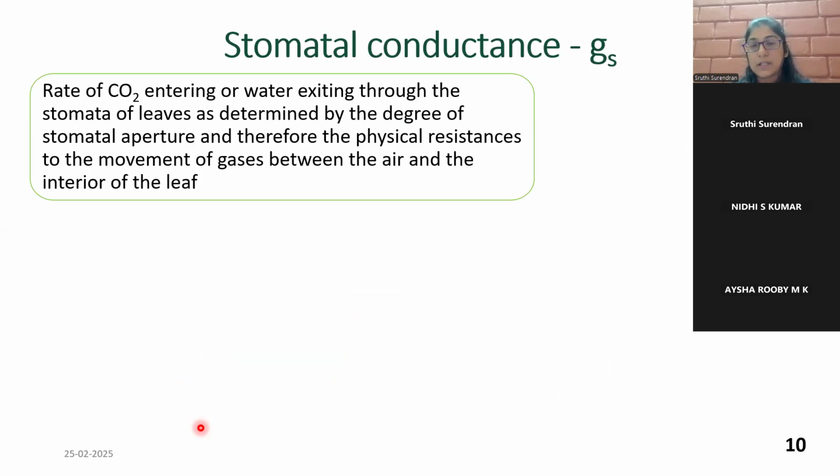So by definition, stomatal conductance, which is represented by Gs in most of the equations and modeling, is the rate of carbon dioxide that is entering or water that is exiting through the stomata of leaves, as determined by the degree of the aperture of the stomata, and also the response to the physical resistance that is offered to the carbon dioxide and water vapor from the interior of the leaf to the atmosphere.